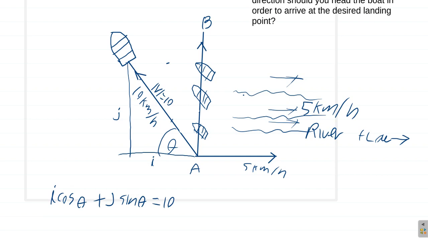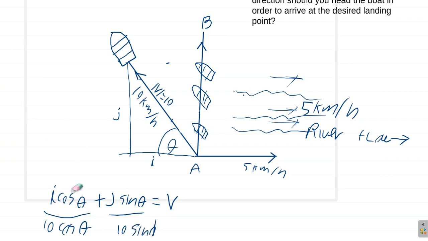Oh, we shouldn't write this 10 here. This should have been the vector V. This is the vector V, with the angle. Since the magnitude of vector V is 10, the horizontal component would have been 10 cos theta, and the vertical component would have been 10 sin theta.